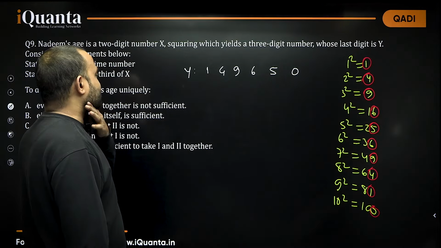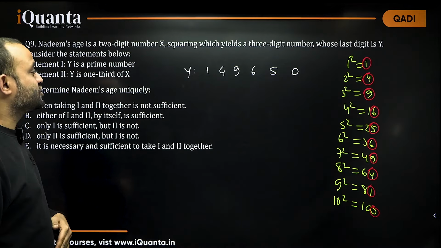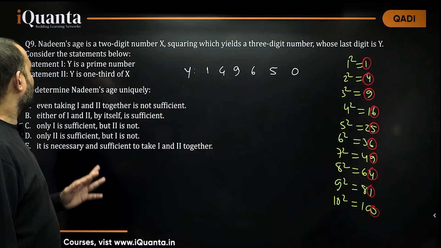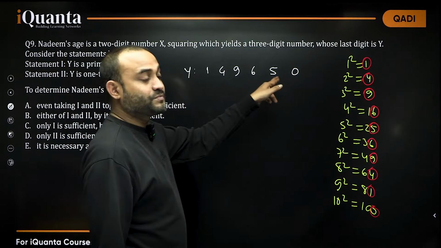Now according to this, we need to find the value of x, to determine Nadim's age uniquely. The first one says statement 1, y is a prime number. Out of all these, which one is a prime number? Only 5.